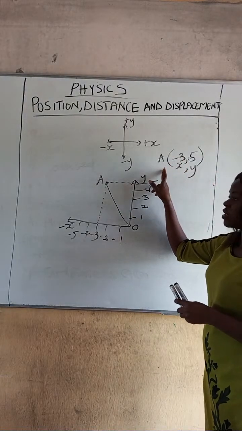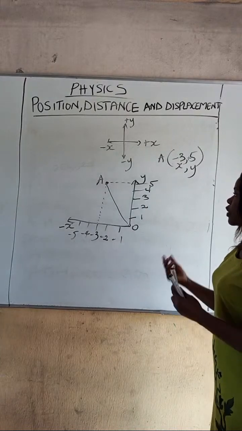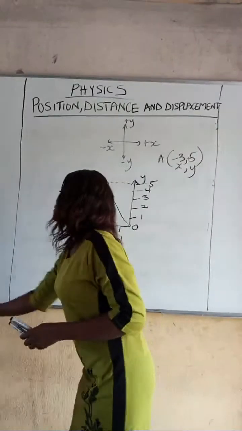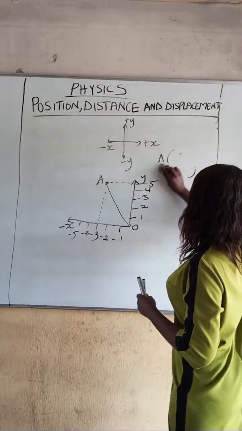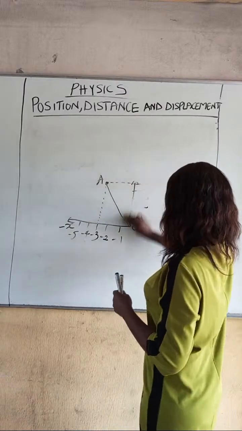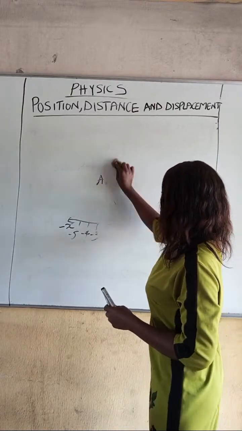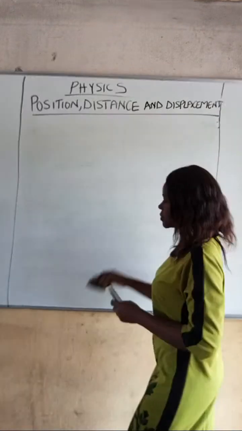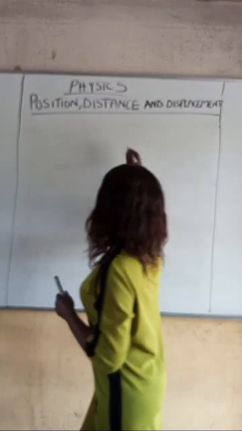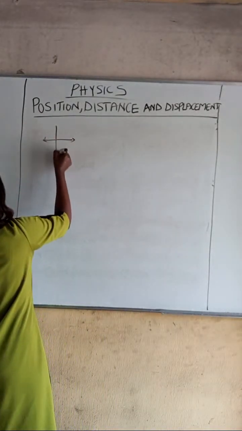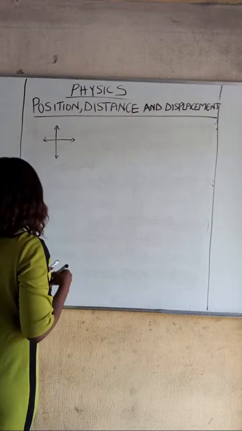All right, so I'm going to do another illustration of how to locate another object. Now, remember, I must label this so that you will not mistake it for another thing.